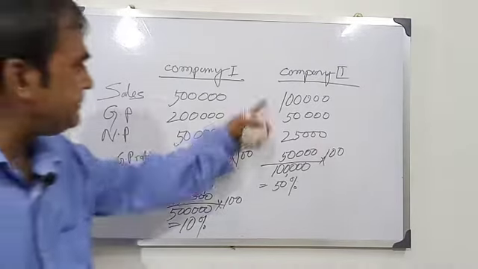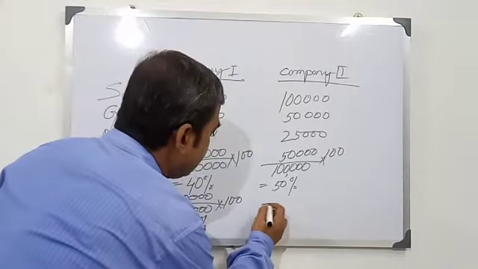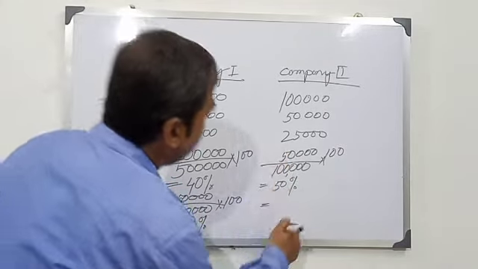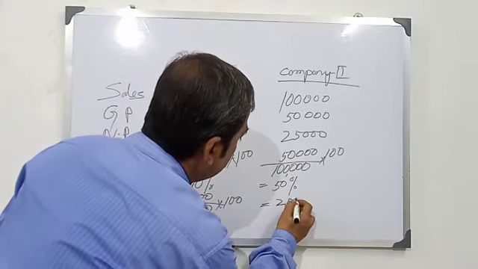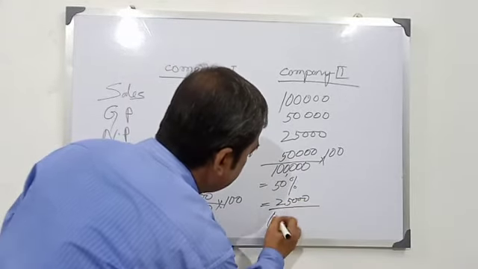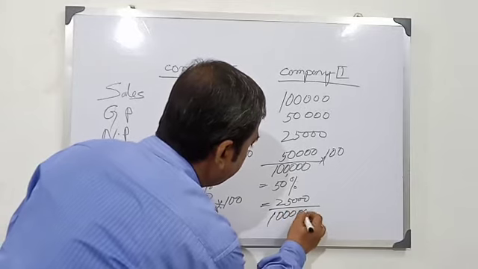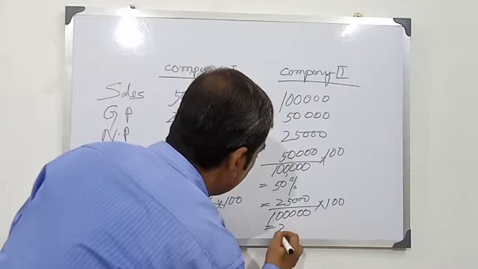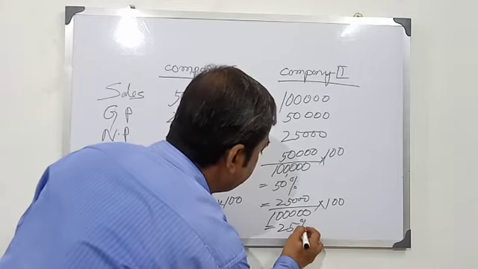Here the NP ratio is equal to net profit 25,000, turnover 1 lakh, into 100, which is equal to 25%.